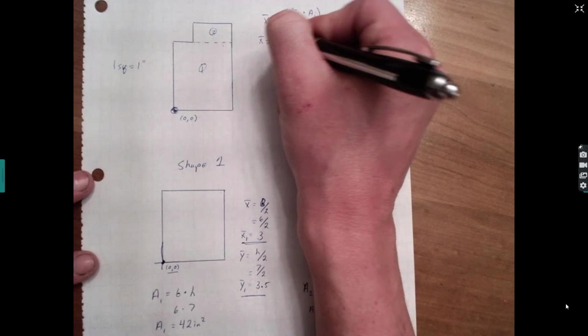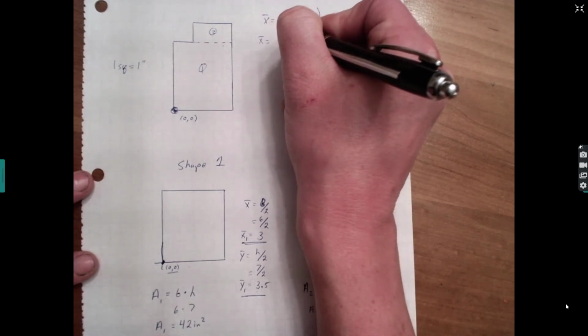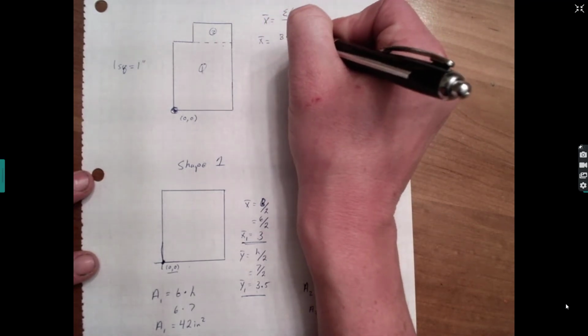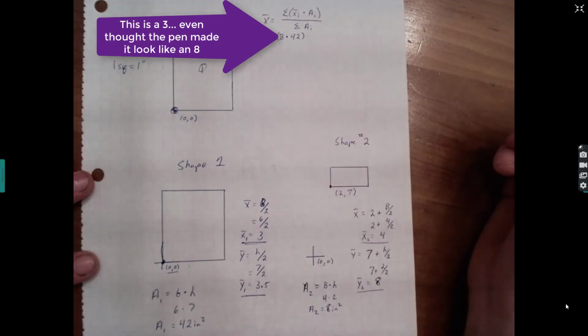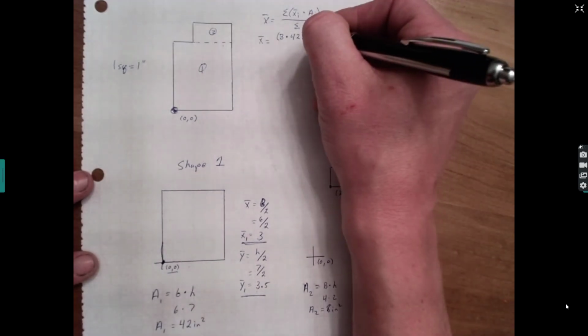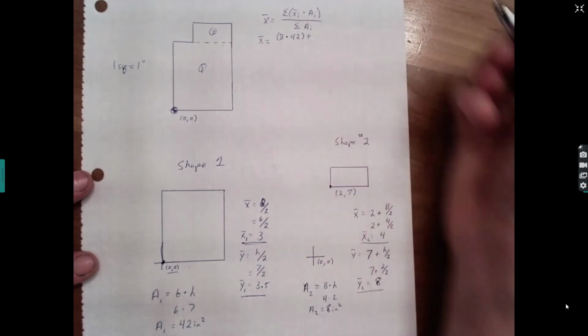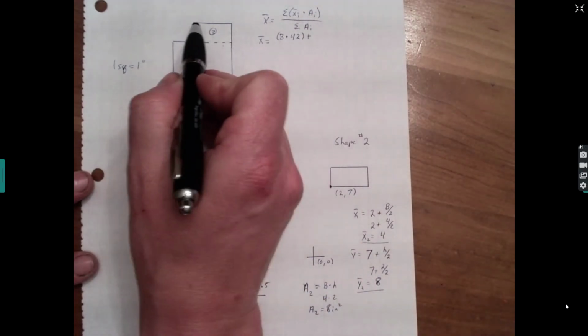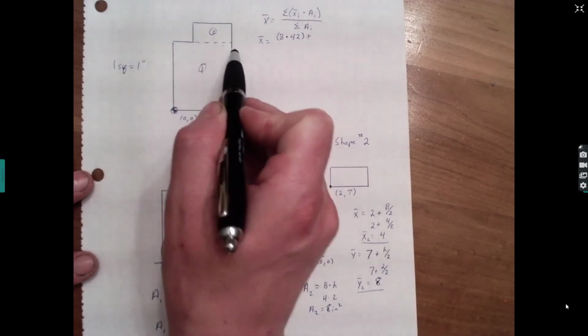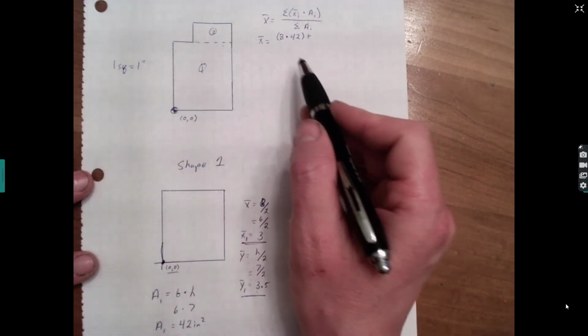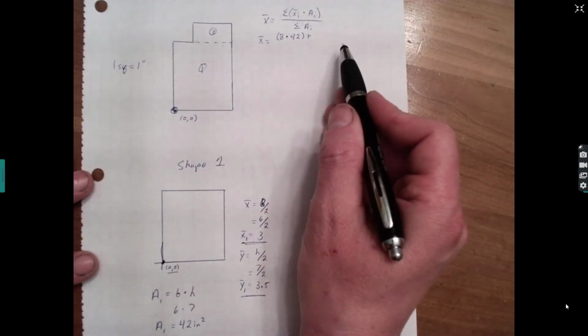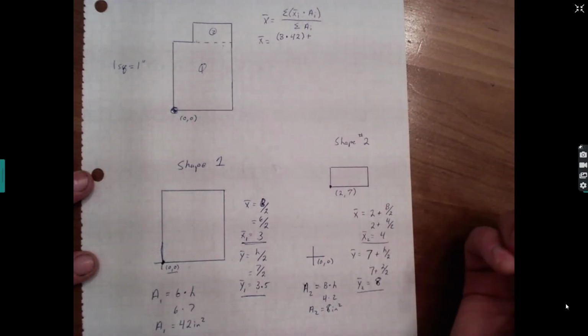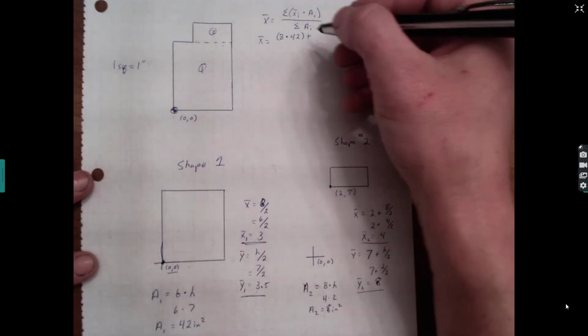So 3 times 42. I like to put parentheses around it. It helps me separate it, but it's not necessary. And then we're going to add, because shape 2 is adding material to shape 1, we're going to add shape 2 to our system here.